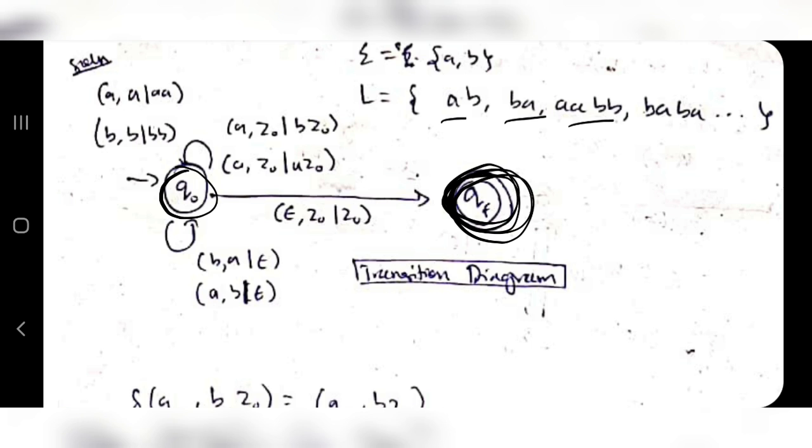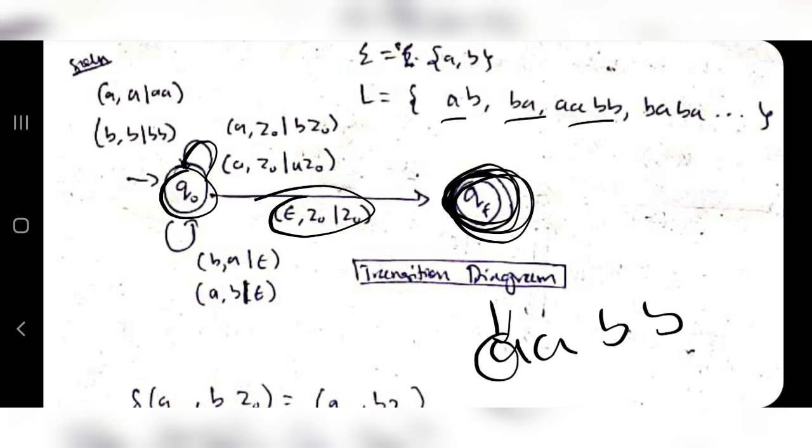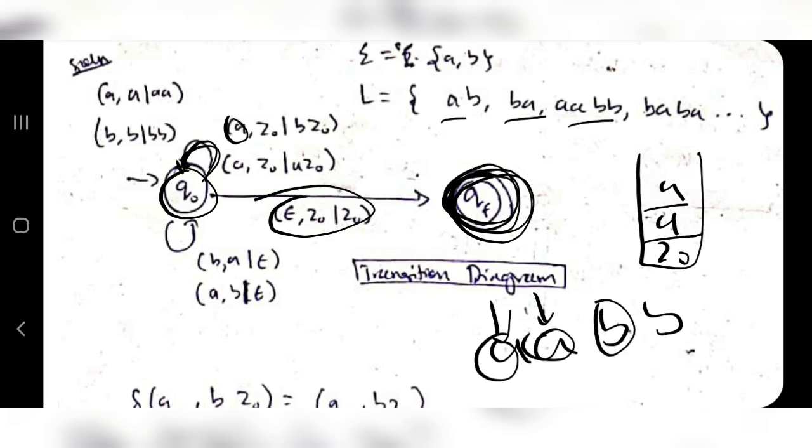When will we reach QF? When our string is over. Suppose that our string is AABB. If it is A, what should it do? It should stay in the same state, so it will stay in Q naught only. Whenever I encounter an A, I will push it into the stack. So Z naught is here, I encounter two A's, I push them in the stack, and then if I encounter B, I will pop it.